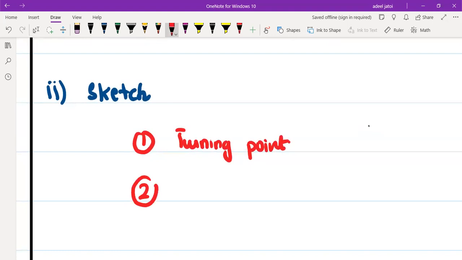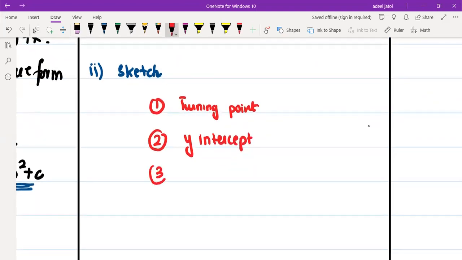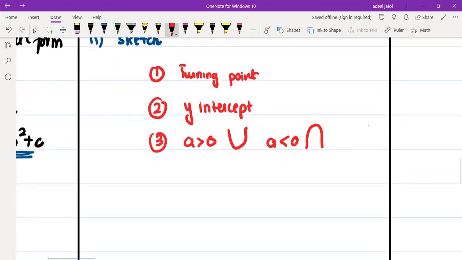The examiner would want you to give the y-intercept. The examiner would want you to give that a should be greater than 0, it would be a U-shaped curve. If a is less than 0, it should be an N-shaped curve.